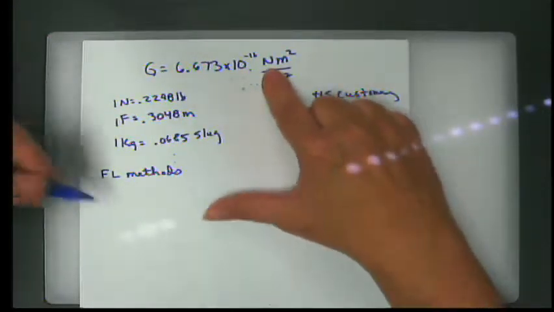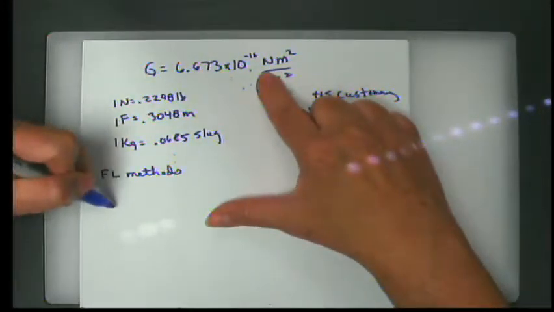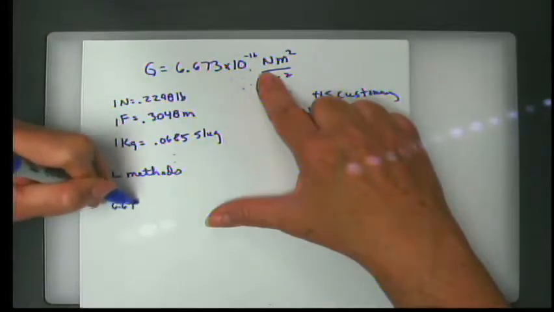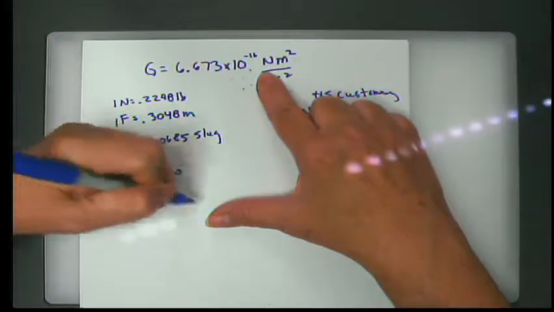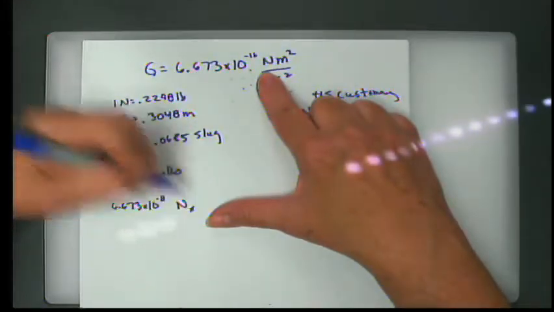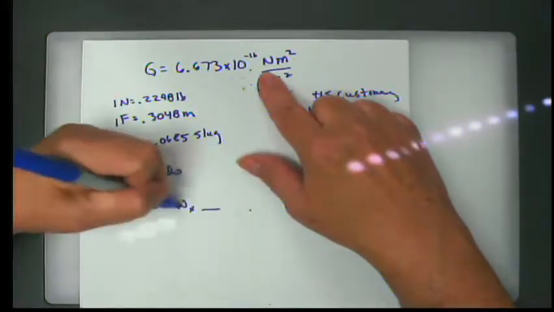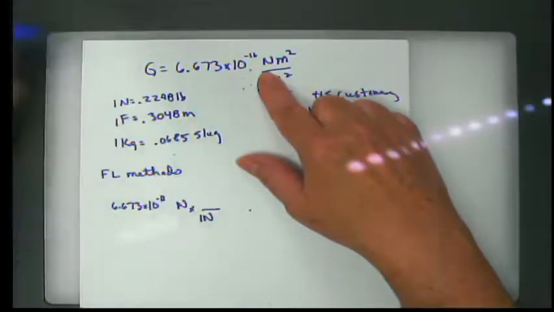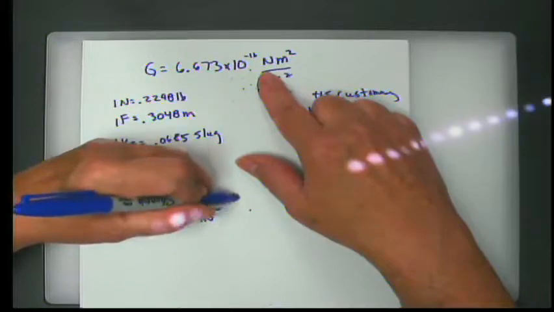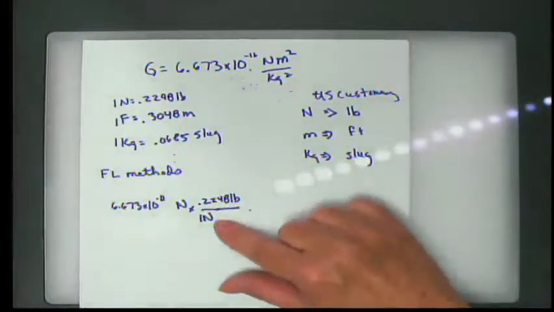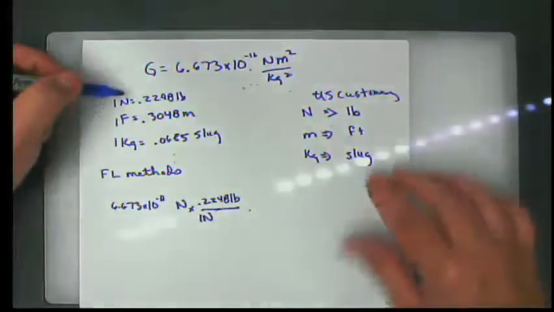So in other words, to convert, first of all, to start with newtons, start with this number, 6.673 times 10 to the negative 11th Newton. So then I know that I have 1 Newton. The Newton is in the top, in the numerator, so I put the Newton in the denominator, 0.2248 pounds. And this is my unit conversion that has a value of 1.